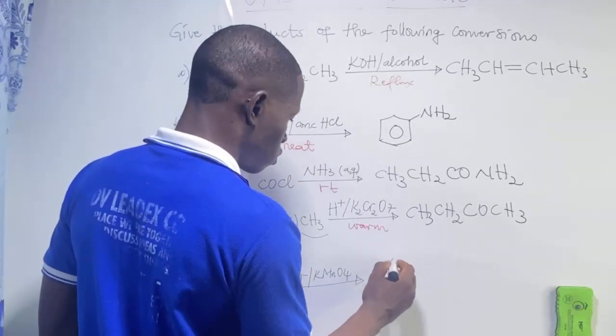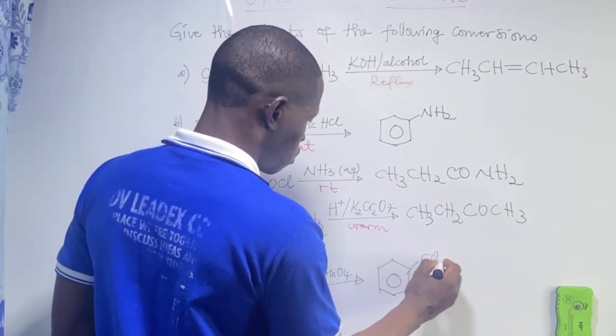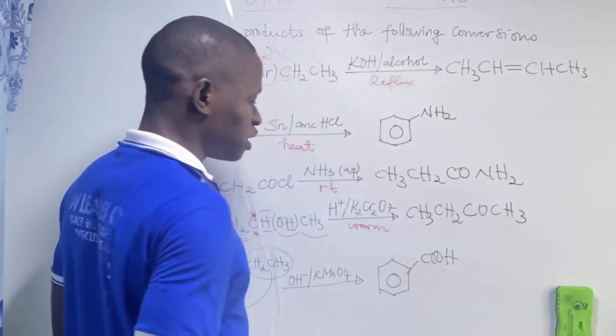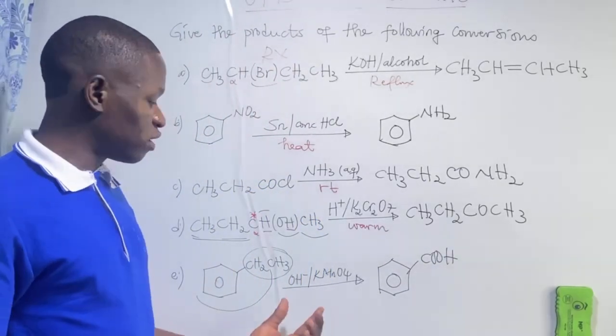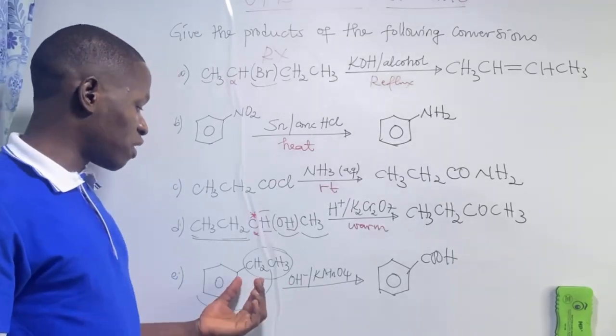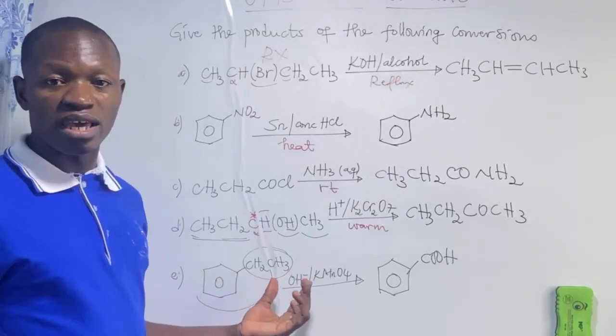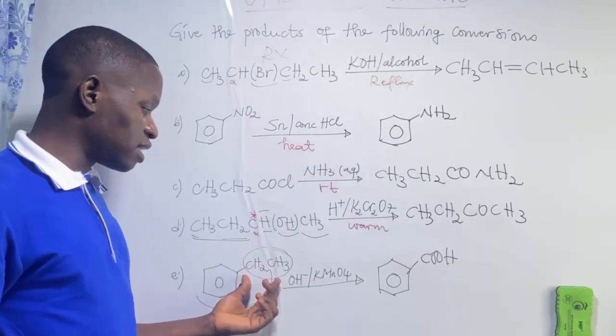So our product is going to be this. This is our product, COOH, which is benzoic acid, right? So whenever you have this reagent, alkaline potassium permanganate, and you have an aromatic ring with an alkyl derivative, just know that the alkyl derivative will be converted into a carboxylate.